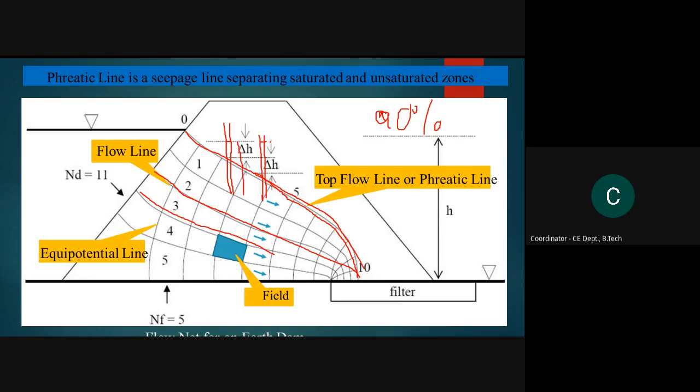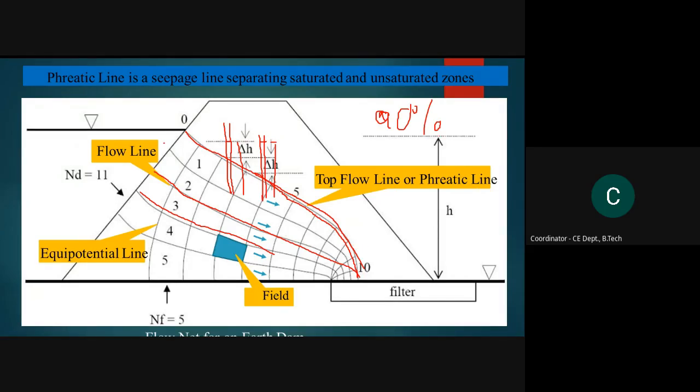That is why this vertical line has been given the name equipotential line. This one is the top flow line or phreatic line, as I have told.